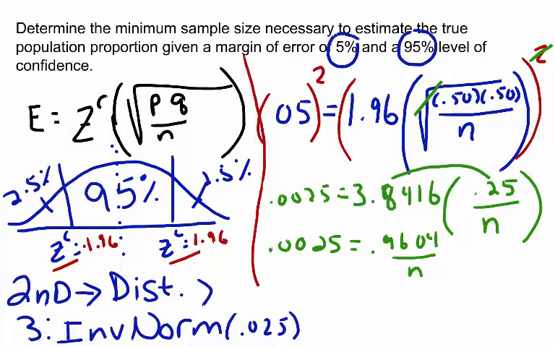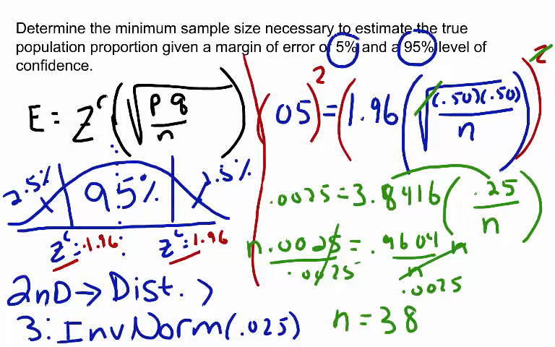And then using algebra, multiplying both sides by n, dividing both sides by 0.0025, we end up with n equals 384.16, and we'll want to round up to the nearest whole number.